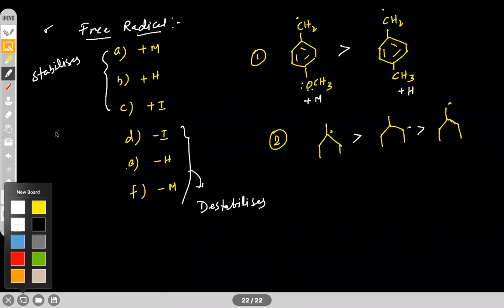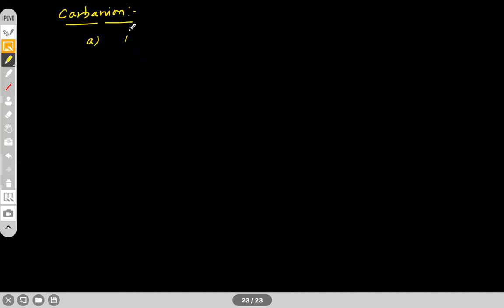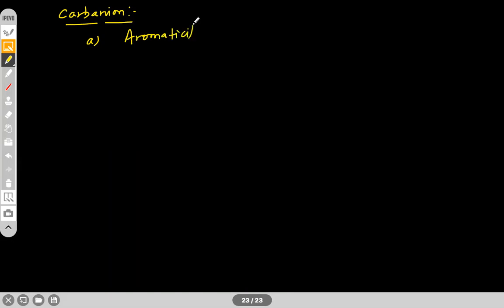Next you see carbanion. The last one we have, the first factor we have here, aromaticity, because if the negative charge is a part of aromaticity, it is most stable.